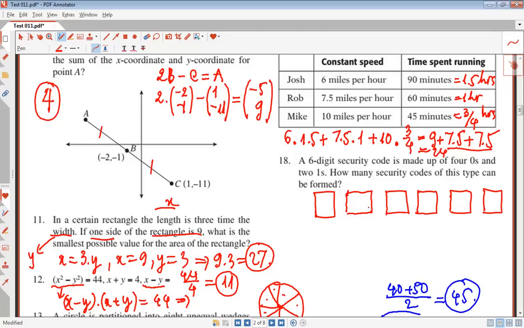We first select 4 of 6 spaces for the zeros, and leave the remaining spaces for number 1.